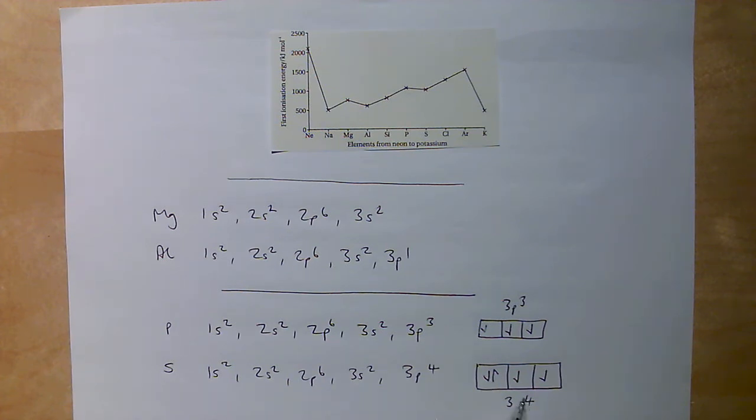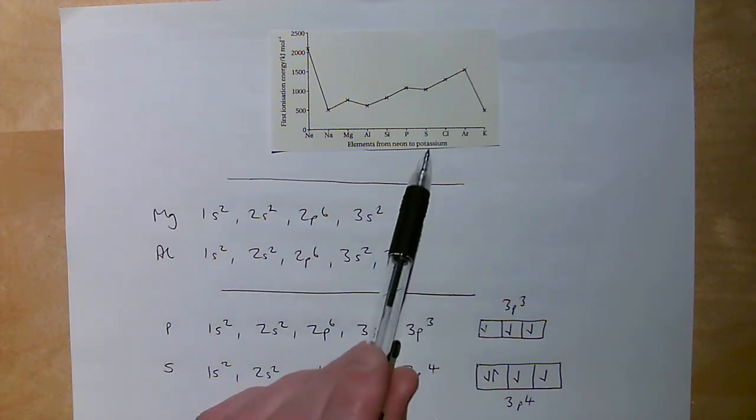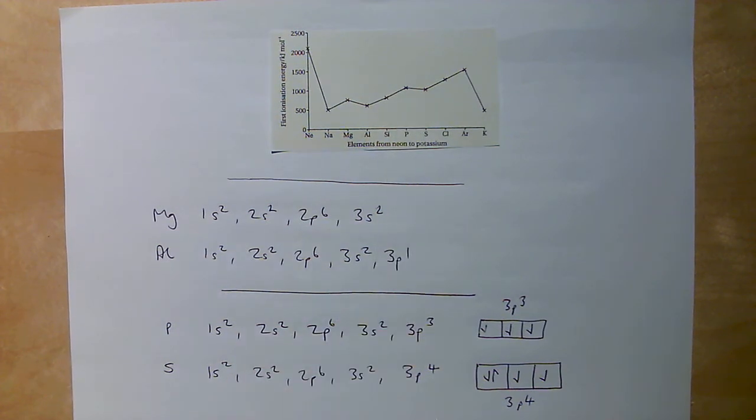The fourth electron will get removed, and the reason it's easier to remove is that I've got 2 electrons next to each other here, so I have repulsion in that suborbital. So sulfur has a lower first ionisation energy than phosphorus because in sulfur the outermost electron is removed from a 3p4 subshell, and there is repulsion between the third and the fourth electrons, which makes it easier to remove the 1 mole of electrons.